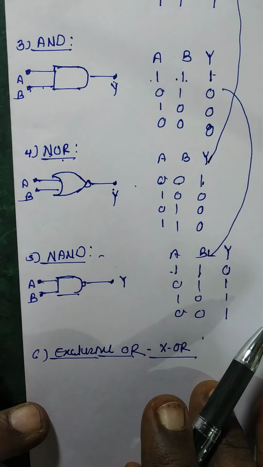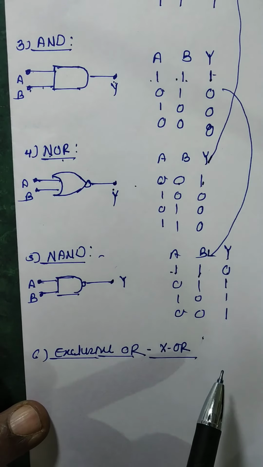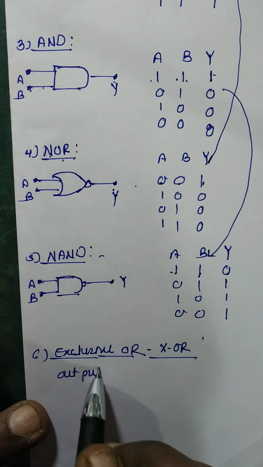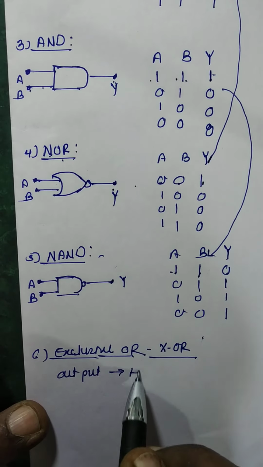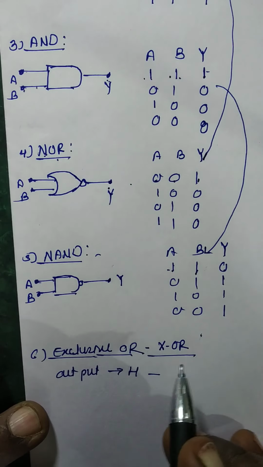And the XOR gate, a logic gate in which the output is high only when its two terminals are at different logic levels.